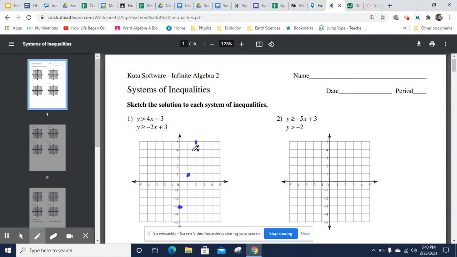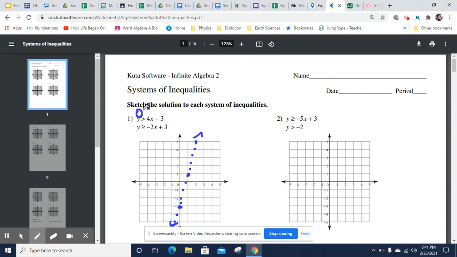It's going to be a dashed line, so I'll do dots actually, because that's a little easier to do with this utility. So I'm going to do dots now, and then a little arrow on either end. And then it would be useful for me to figure out which side is going to be shaded. Since 0, 0 is not on the line, I'll use 0, 0 as a test point.